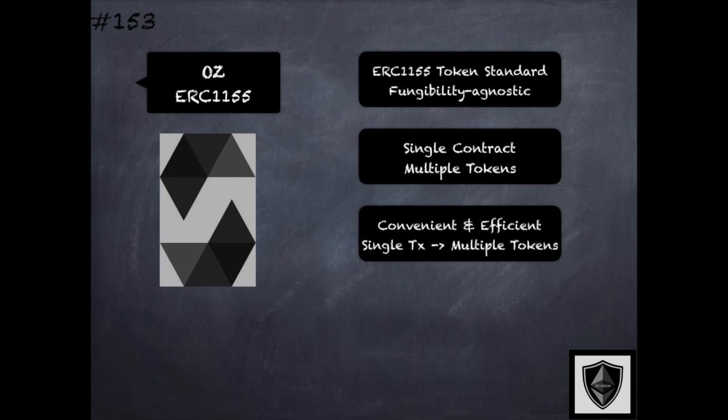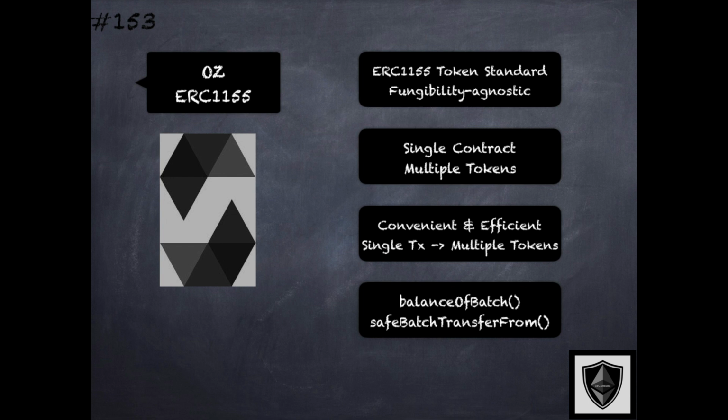This means that a single transaction can manipulate multiple tokens within that transaction. This makes it very convenient from a user experience perspective. It also makes this standard very gas efficient.